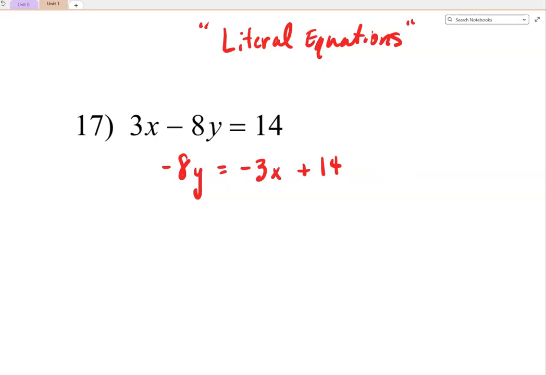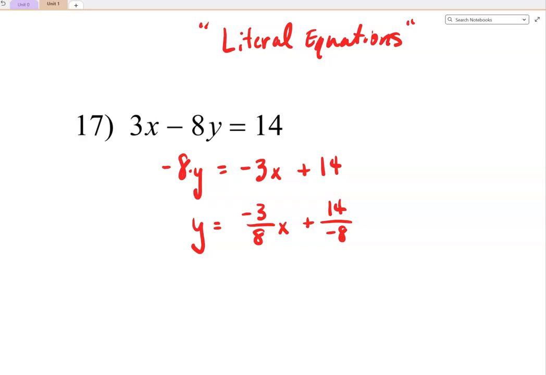There we go. Now, to isolate y, we're not moving the y. We want it to stay where it is. So I'm just going to break apart this term, and I'm going to divide both sides by -8. So if both sides are being divided by -8, that implies that each of these terms is being divided by -8. And we've got a pretty decent expression.